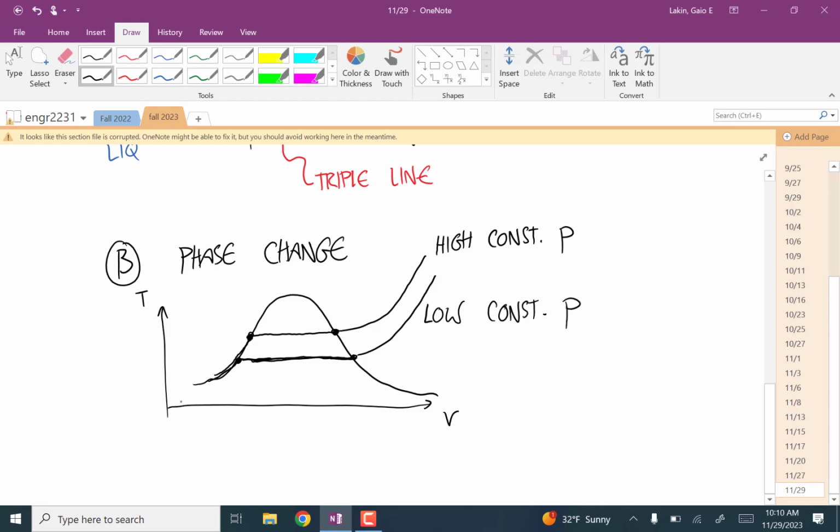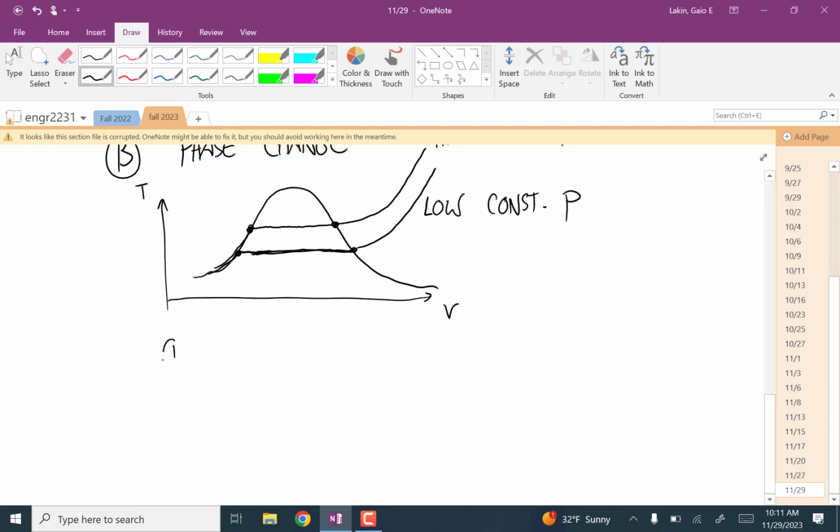But the key thing about this is that you can see while the substance is changing phases at constant pressure, the temperature is constant the whole time. Okay, and that brings up the idea of latent heat.